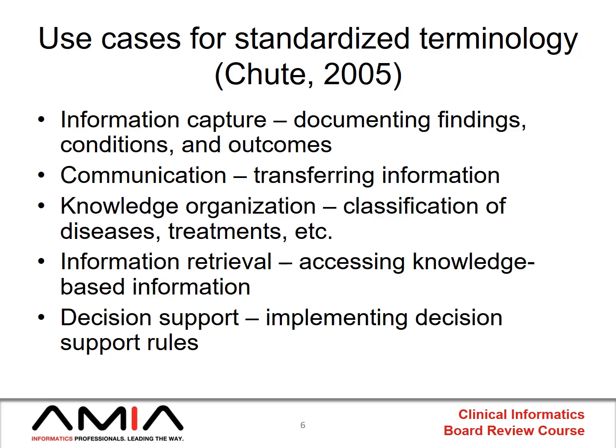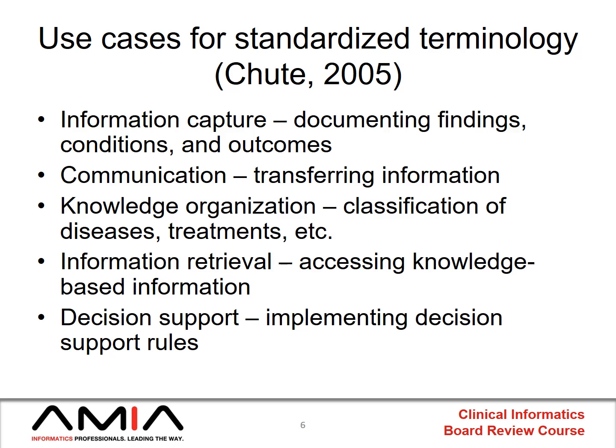One of the most articulate spokespeople for standardized terminology is Dr. Chris Chute. He has specified a number of use cases for standardized terminology. Obviously, one is information capture, so we can document findings, conditions, and outcomes. Another use case is communication, where we transfer information.